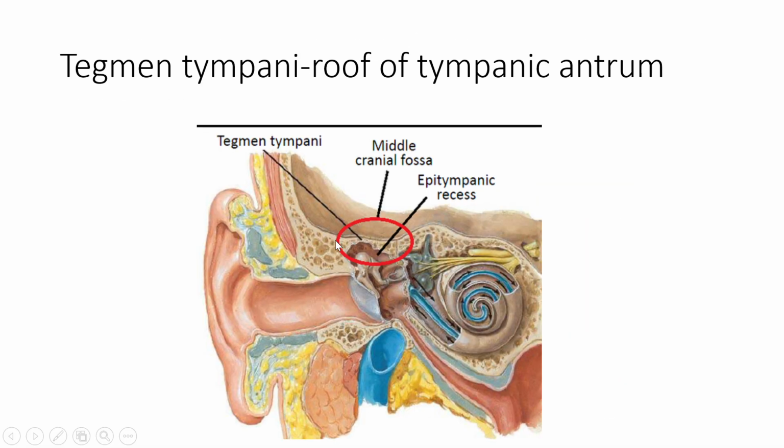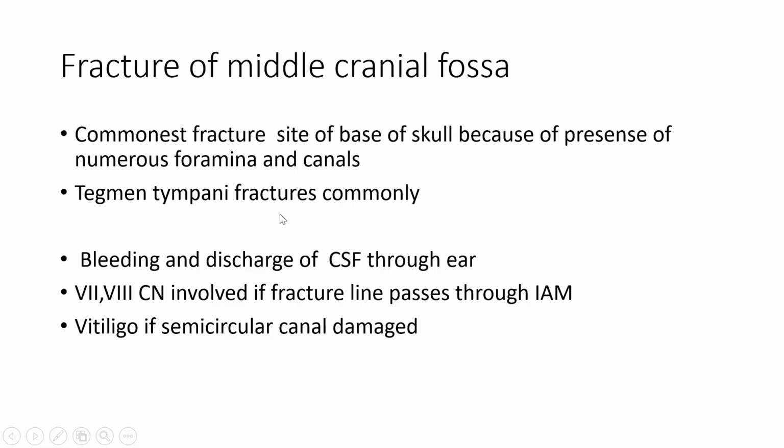The tegmen tympani we have already seen. This is the tegmen tympani, which is forming the roof of the middle ear. Fracture of the middle cranial fossa is very common because there are so many foramina and canals present in it, and tegmen tympani fractures very commonly happen, and bleeding and discharge of CSF will pass through the ear.